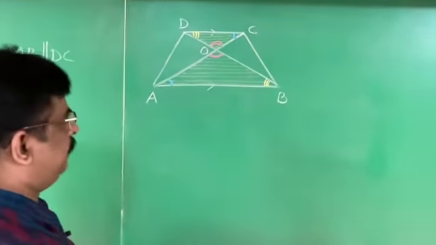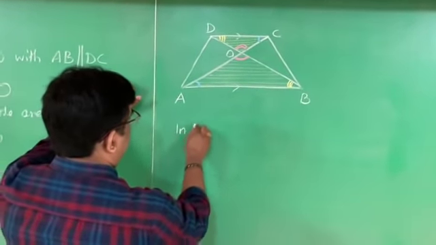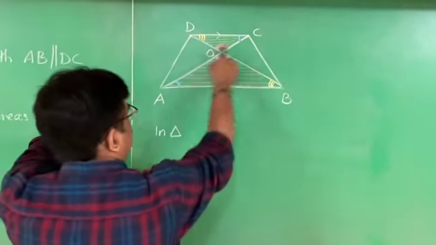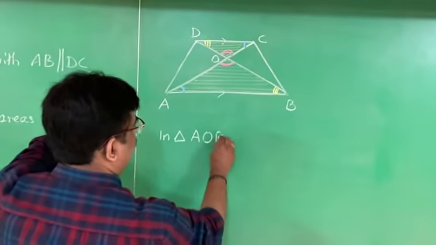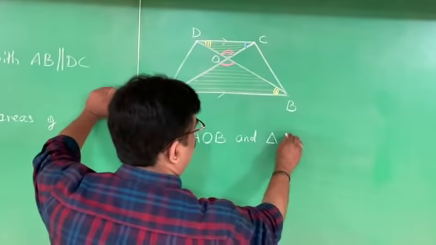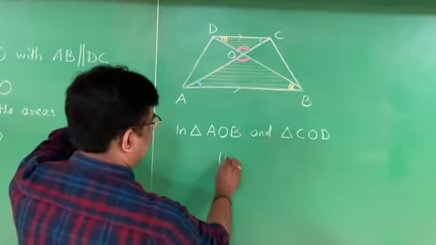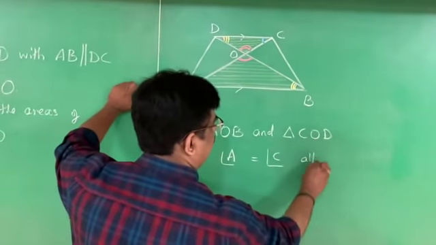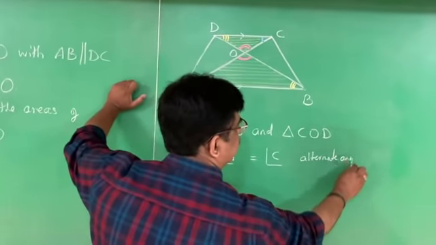Therefore, the first step is I write like this. In a triangle, always I write according to their corresponding angles. In triangle AOB and triangle COD, angle A is equal to angle C, alternate angles.